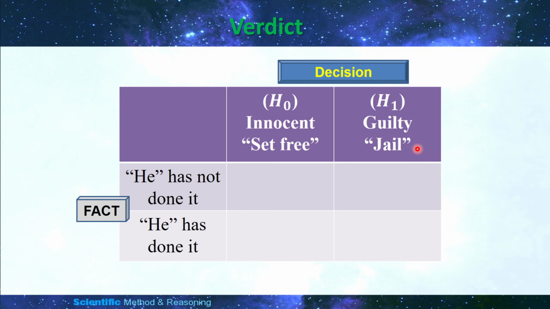But if the null hypothesis is rejected, that means the alternative hypothesis is that the suspect has actually committed the crime and he would be found guilty. And the consequence is that we have to send him to jail.